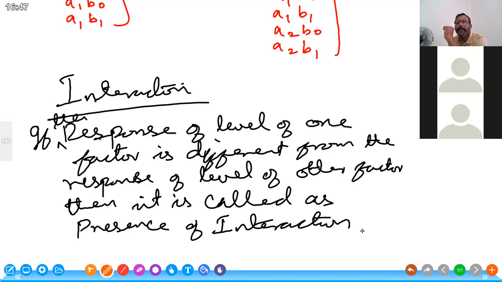So this is how we define it. The response of the level of one factor is different from the response of the level of another factor, so that it is called interaction.